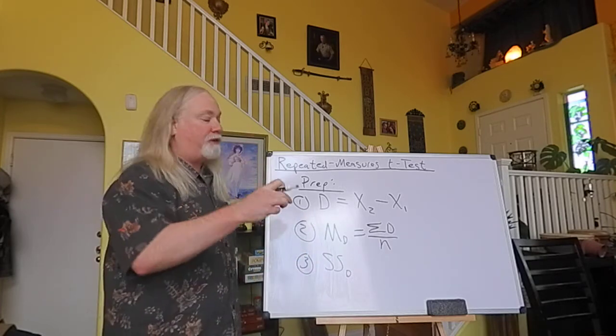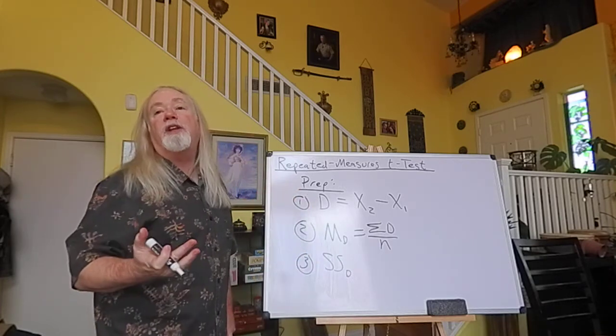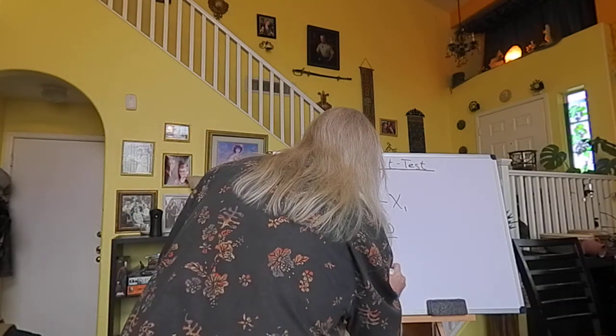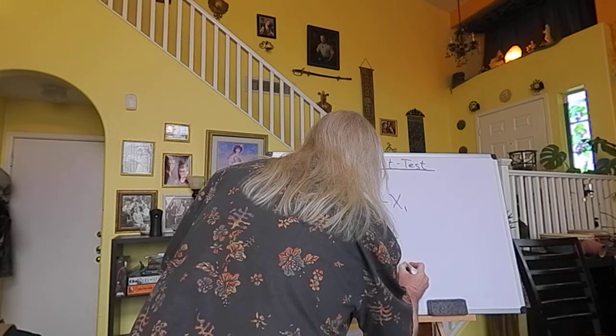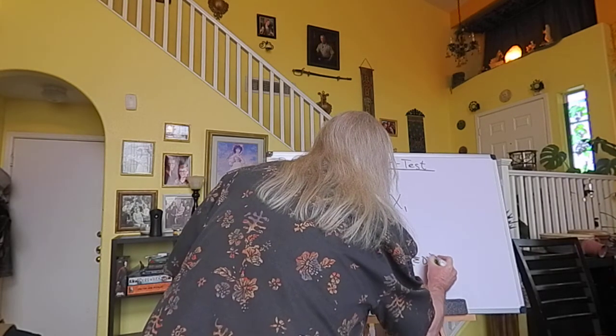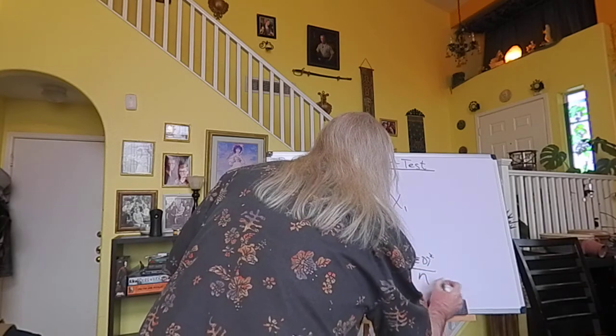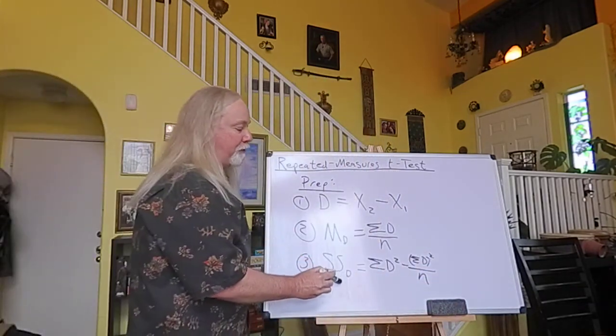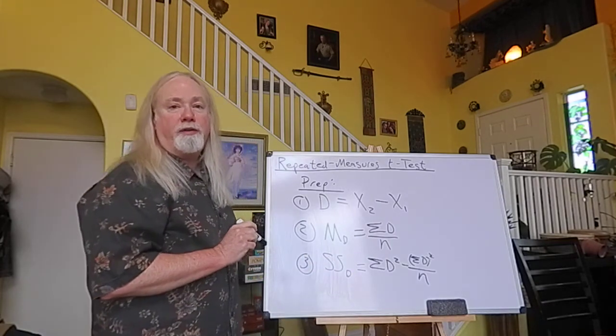We're just going to put in the symbol D for difference scores instead of the symbol X for raw scores. So we would need to get the sums of squares for our difference scores.